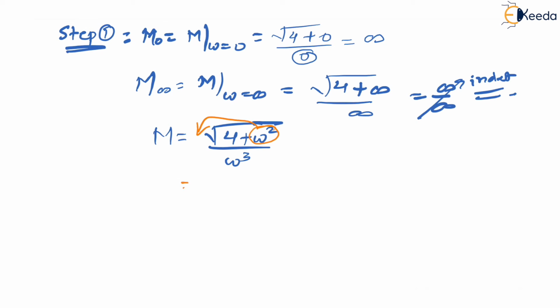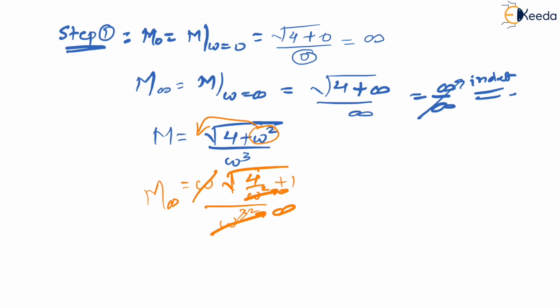If I take omega squared common outside, I get omega times root of 4 by omega squared plus 1, divided by omega cube. This omega gets cancelled, and this becomes omega squared. Now if you replace omega with infinity, it is 4 by infinity, which is 0, 0 plus 1 is 1, so it becomes 1 by infinity, and 1 by infinity is going to be 0.